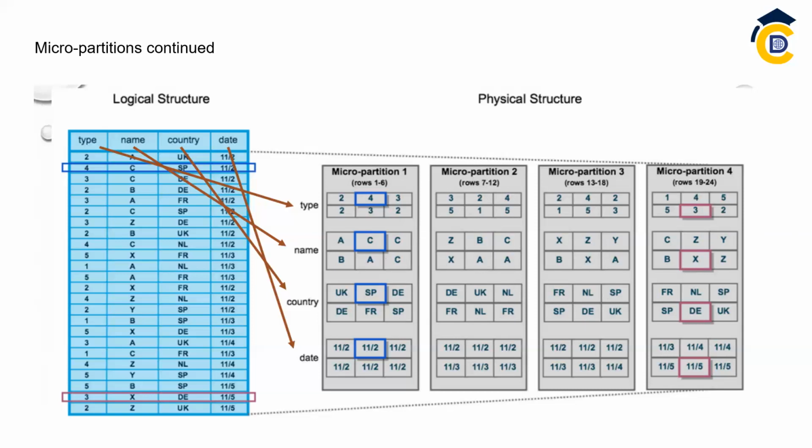And see, this property is immutable. As I said, a micropartition is immutable. So it is not possible to make changes to the other micropartitions, because once they have been created, they are immutable. All these things are done behind the scenes.